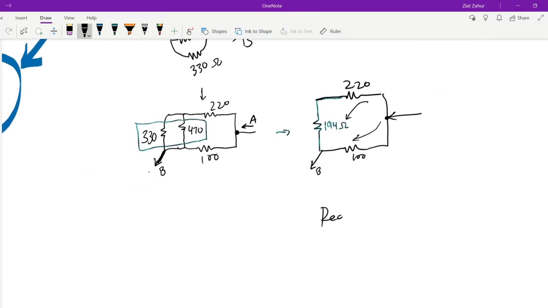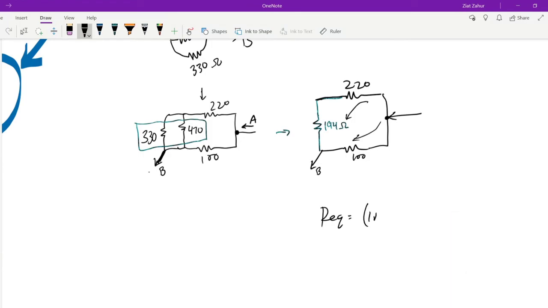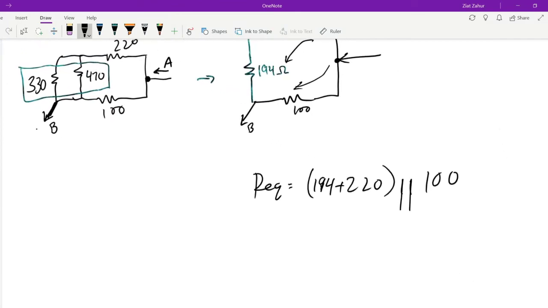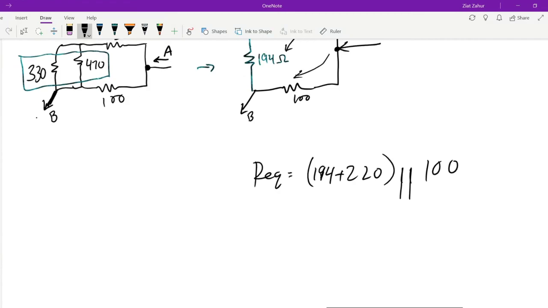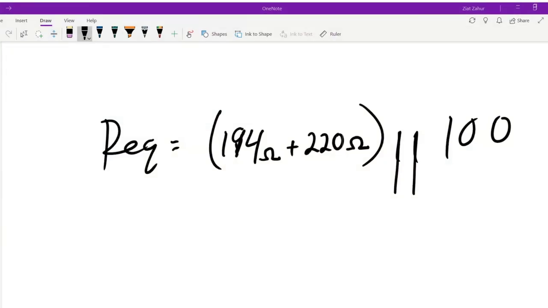So Req equals 194 plus the 220 in parallel with 100. I should definitely use units. I don't know. I'm kind of being lazy today. Let's go and use units. Omega. I want to be like Josh because he's doing it right.